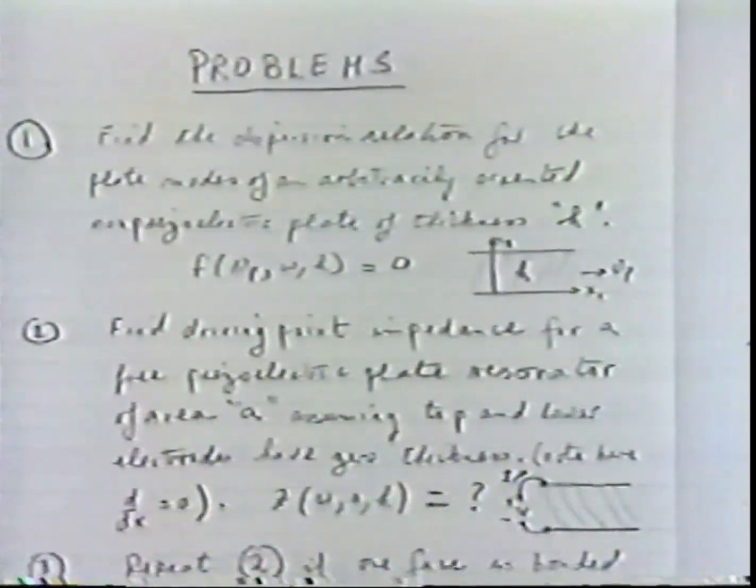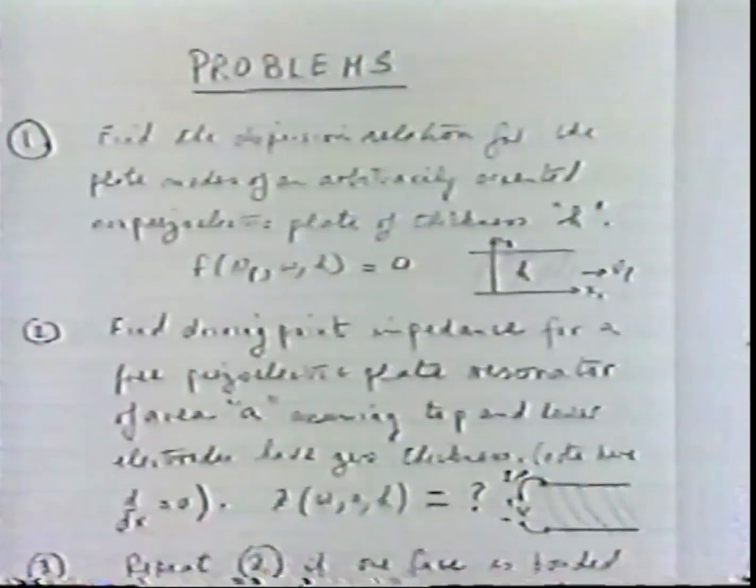Problem number 3 is almost like the other one, except now you have a different boundary condition on one of the faces, because you're going to think about bonding this transducer to an acoustic medium.